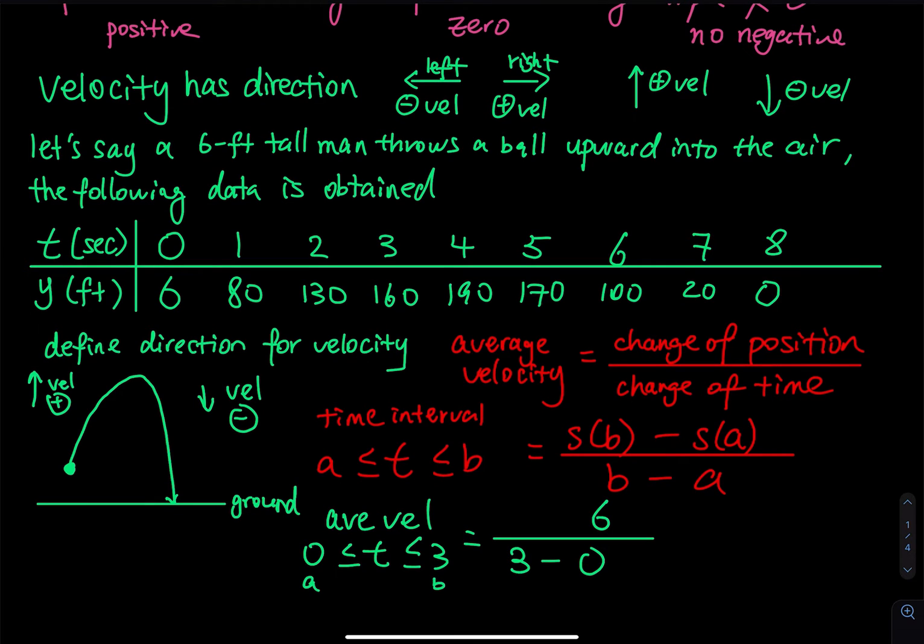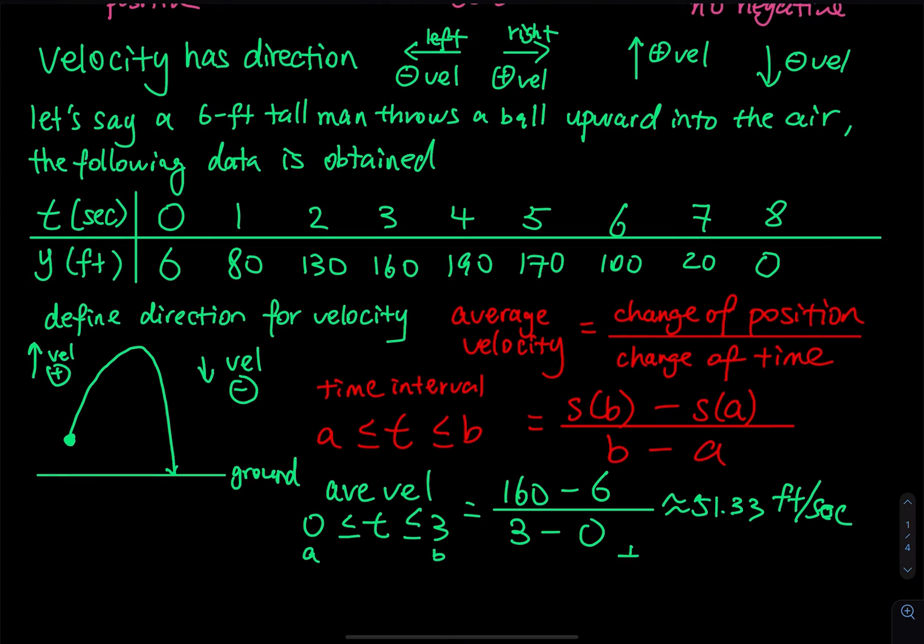When time is equal to 3, the ball is 160 feet off the ground. So we have 154 divided by 3, which is approximately 51.33 feet per second. This is positive. That means during this interval, the ball is going upward. Positive velocity, the ball is going upward.